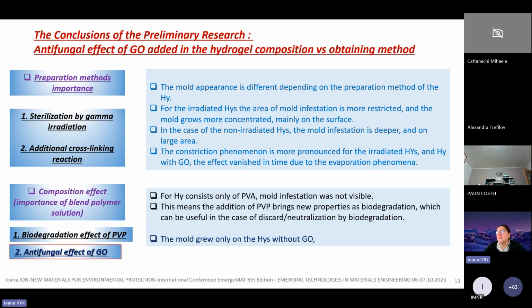The infestation was impeded, but not stopped, by sterilization using gamma irradiation, because the accumulated dose was small, 25 kilogray.